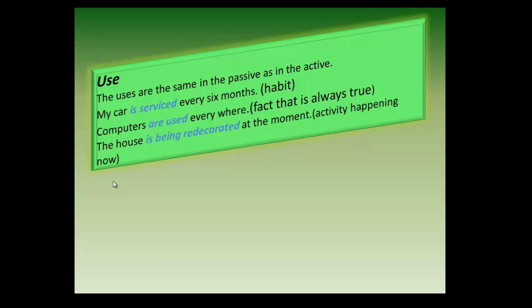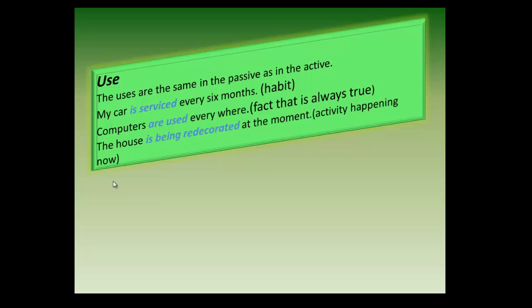So here we have to use present simple, but the sentence is passive, so we use present simple passive. Number 3, the house is being decorated at the moment. Here we can see at the moment in the sentence, so the tense is present continuous.